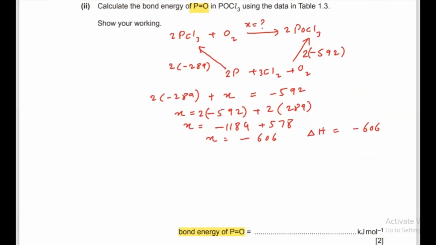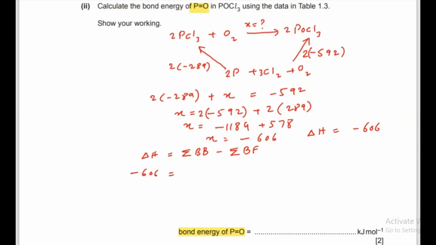Now we have to calculate the bond energy of P double bond O. So we can apply another formula: delta H, the enthalpy change, is the sum of energy which is required to break bonds minus the sum of energy which is released during bond formation. So we have the delta H like minus 606, then bonds broken.